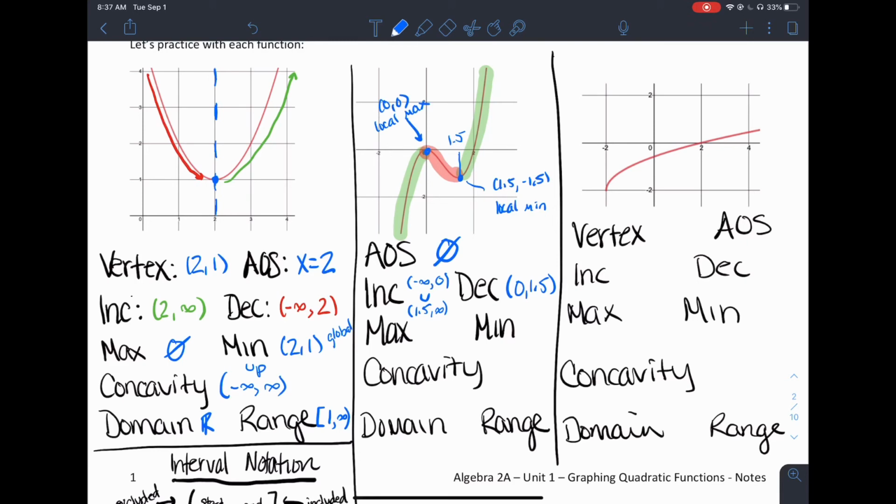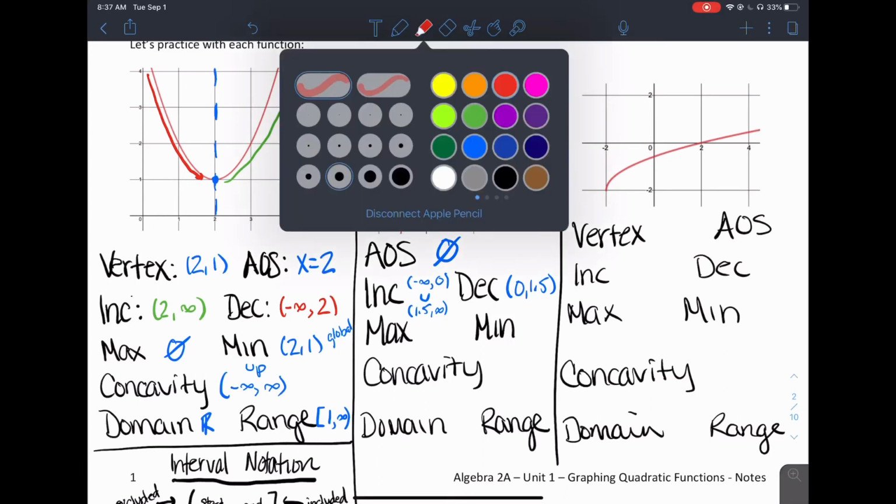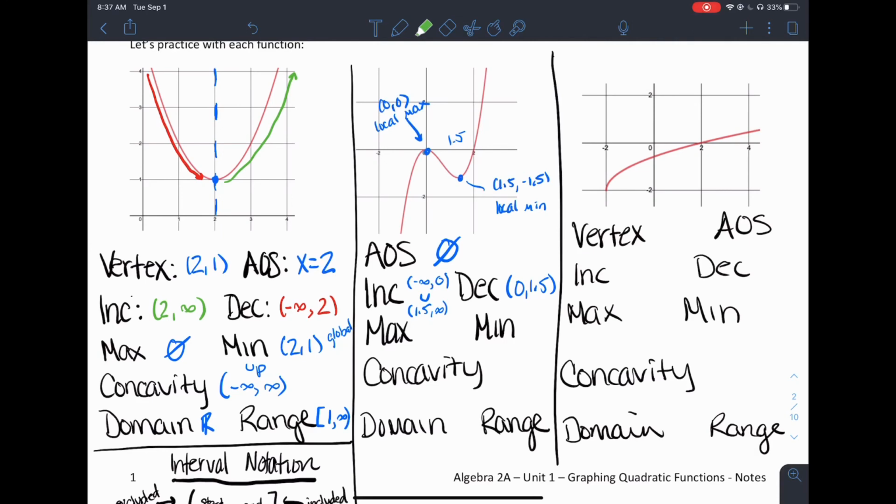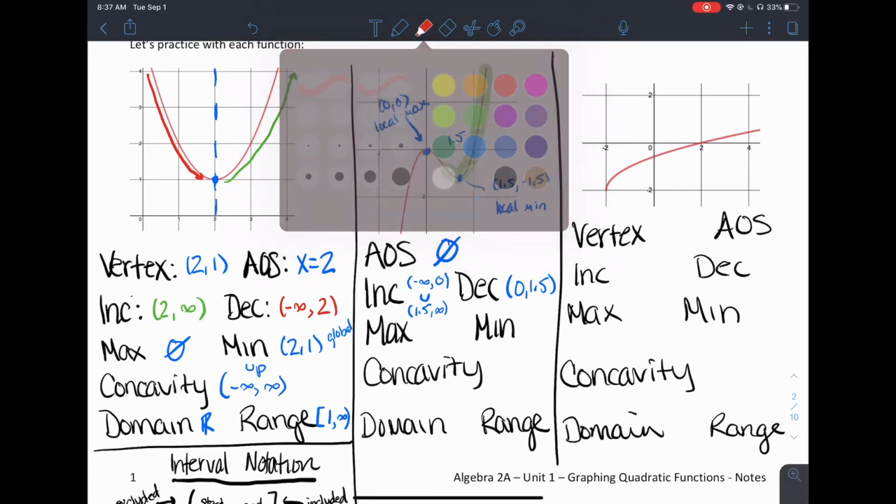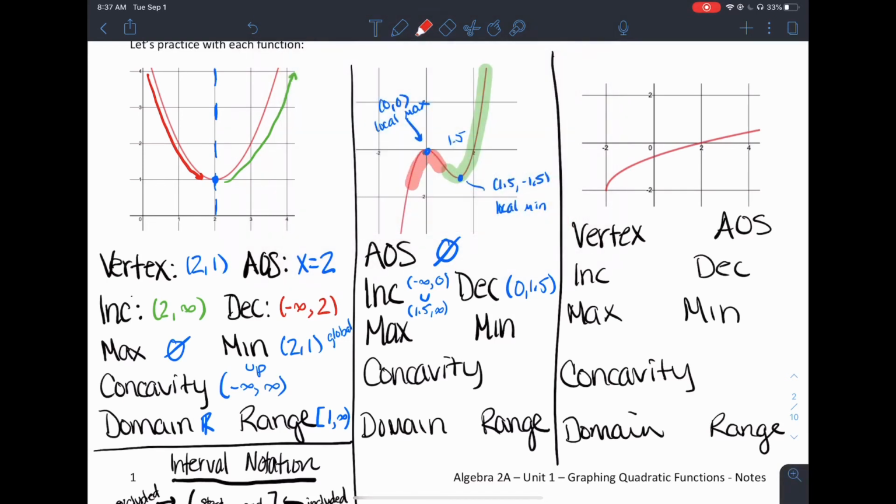Now again, we have something going on here with the concavity. I'm going to erase our highlighting for a second. My concave up part of my graph, the part that opens up, this part definitely looks like it's opening up. It's kind of like we have two parabolas meeting, right? Whereas this part looks like it's opening down.